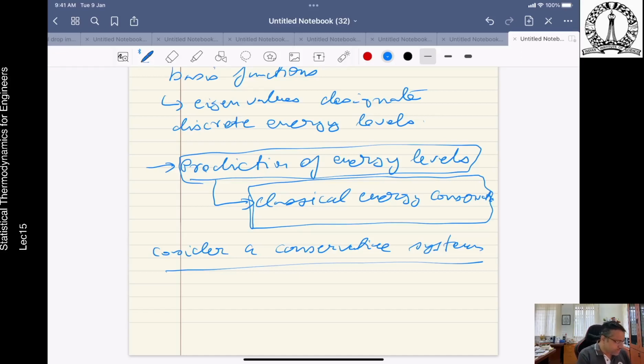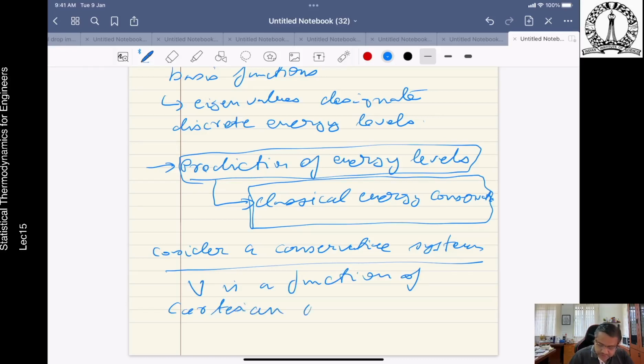And by conservative system we mean the potential function V is a function of Cartesian coordinates.